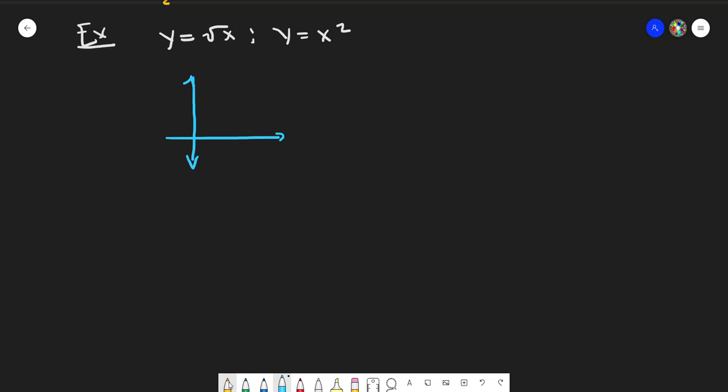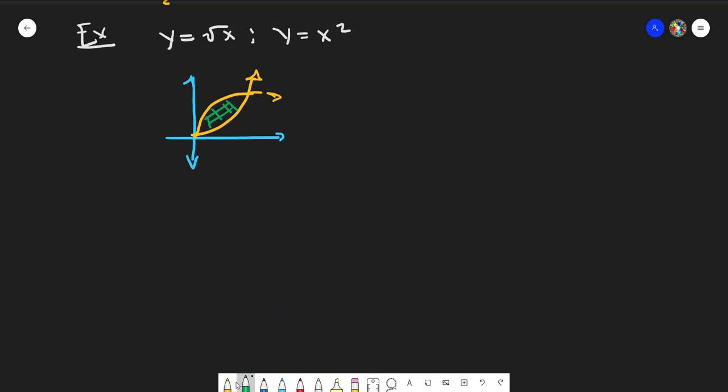Essentially the square root function looks something like that, and then the parabola looks like that. Now we know the region of interest.